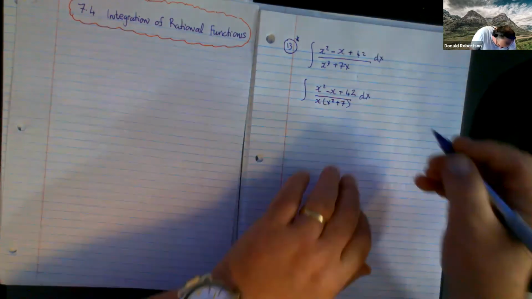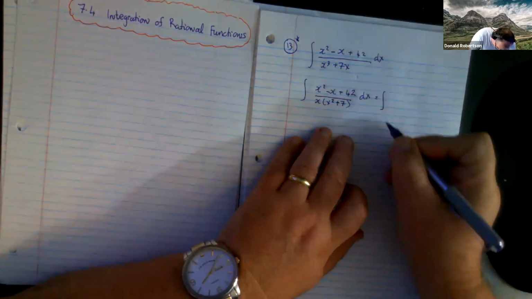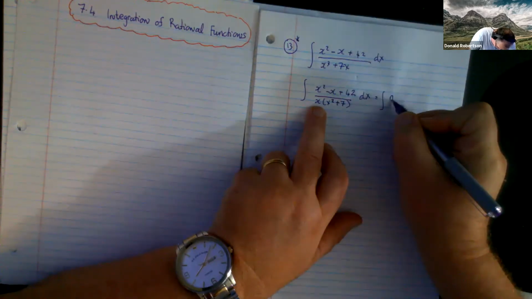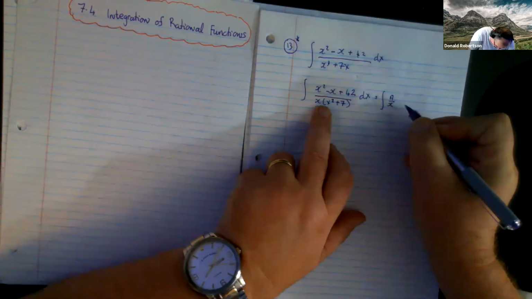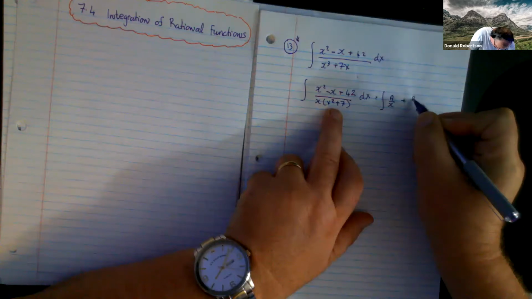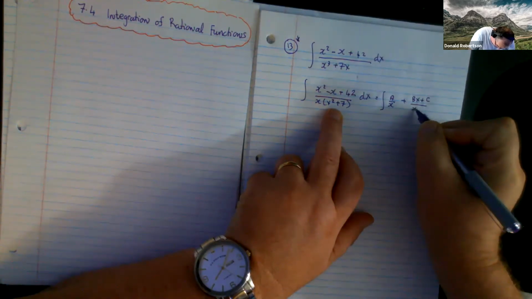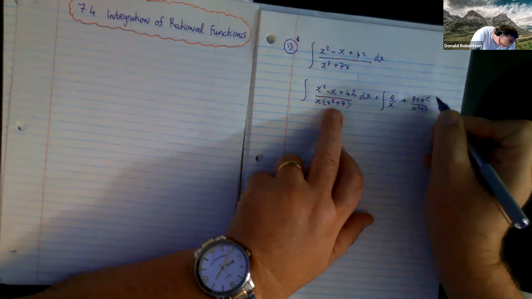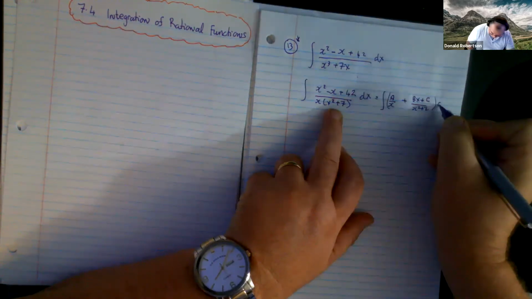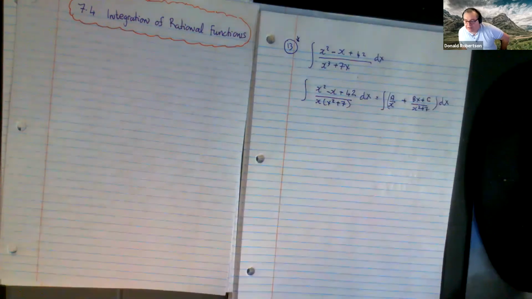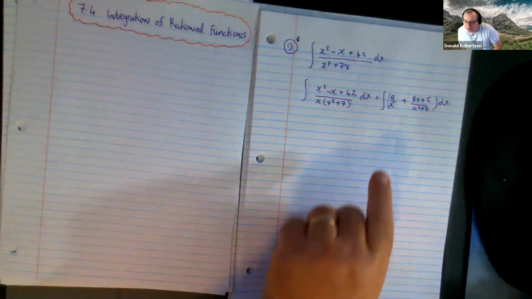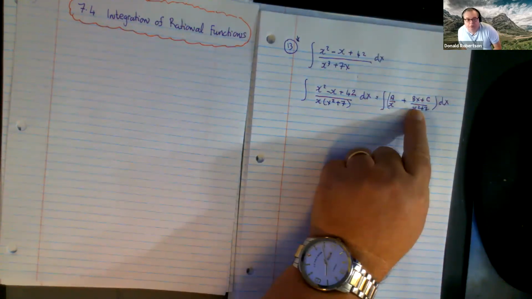Now, how are we going to split this? Well, the x gets you that one, and the x squared plus 7 gets you that one. And because this has an x squared term in it, we are not going to be doing the cover-up method.